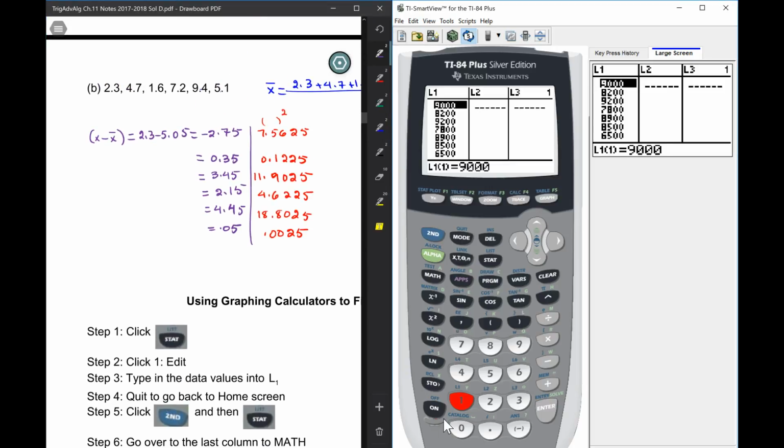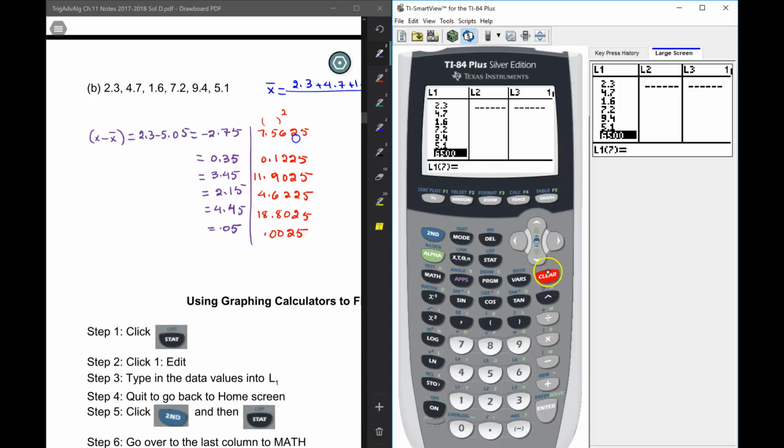So we're going to do 2.3. Yeah. 4.7. 7.2. 9.4. 5.1. Oops, 5.1.